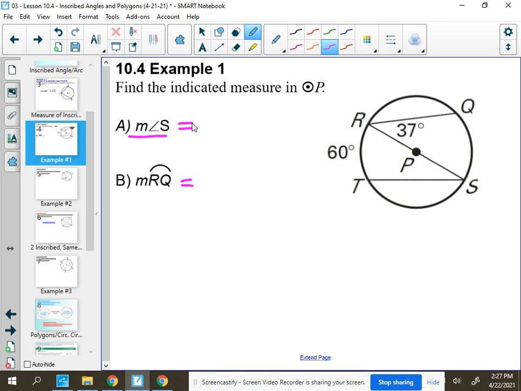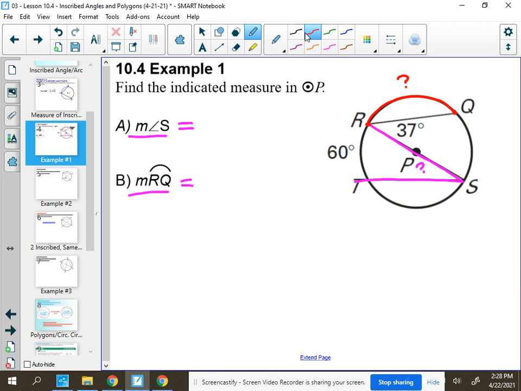Students sometimes struggle with knowing what they're looking for. The measure of angle S is the angle measure here, and for the measure of arc RQ, we're talking about the arc up here. Those are the two things we're looking for.